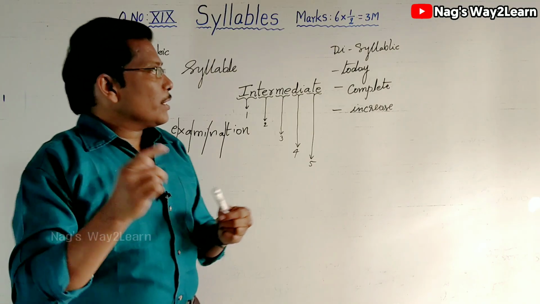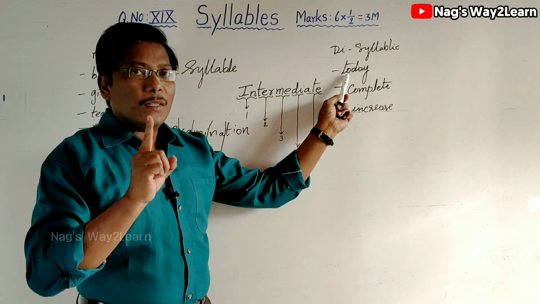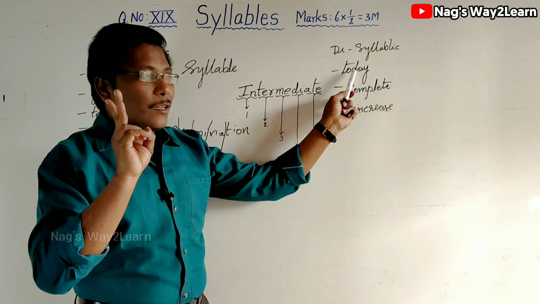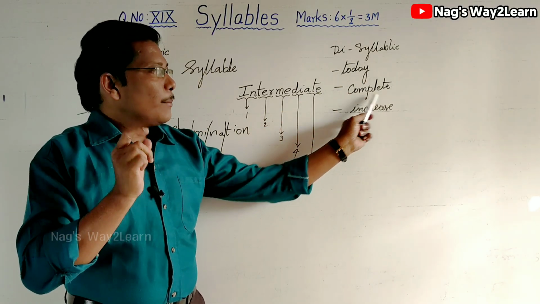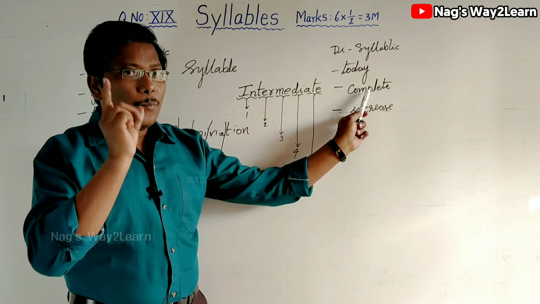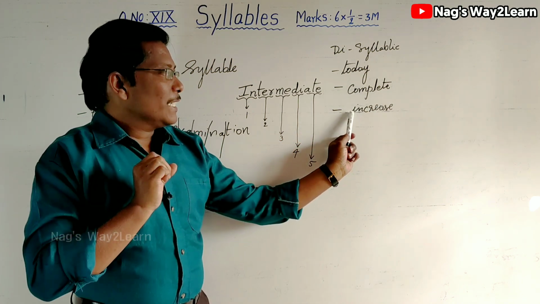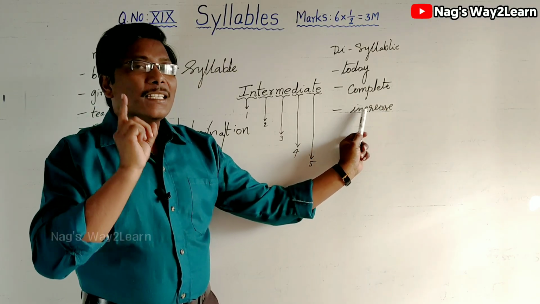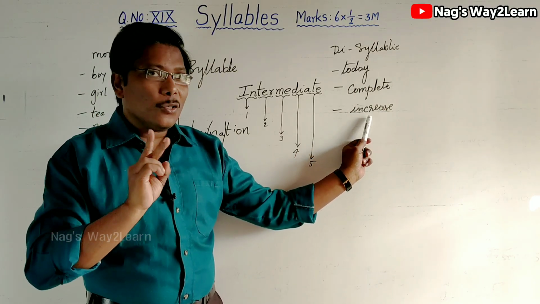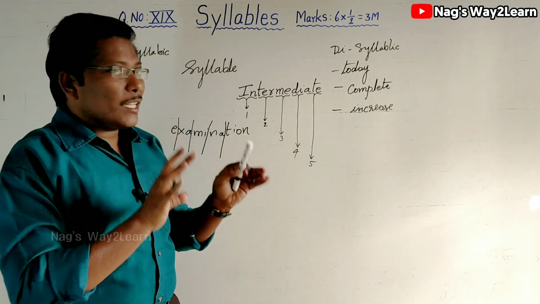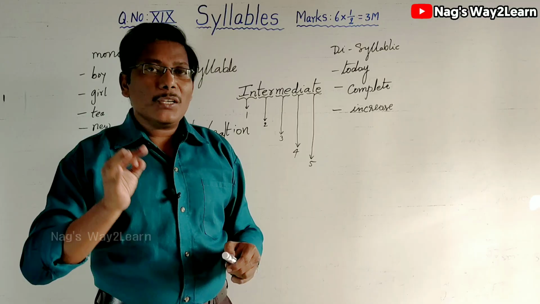Okay, if you observe these words, today, T-O-D-A-Y, two and day, there are 2 syllables. Here also complete, okay, complete, there are 2 syllables. Increase, okay, increase. Here also there are 2 syllables. So in this way, if there are 2 syllables in a word, those words are called disyllabic words.